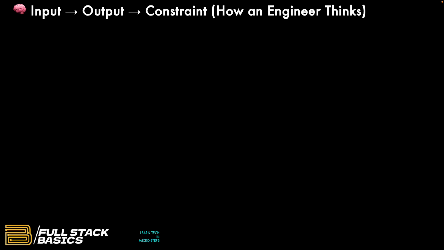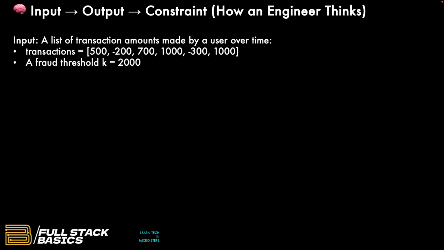Let's think like an engineer and look at the inputs, outputs, and constraints. So, in terms of input, you have a list of transactions that were made by a user over time, in a specific window of time.